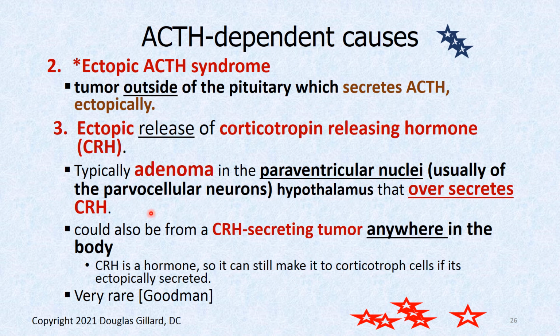Remember, that's where the parvocellular neurons live. So you can have an adenoma made of parvocellular neurons which oversecretes corticotropin-releasing hormone, or CRH. And we know that one comes down and it binds to the corticotroph cells and stimulates them to produce ACTH. So that's a third cause.